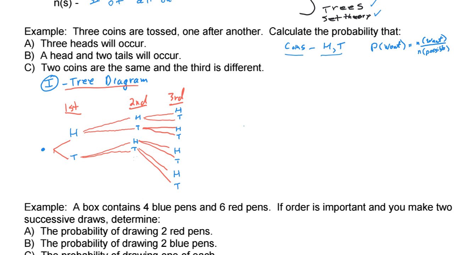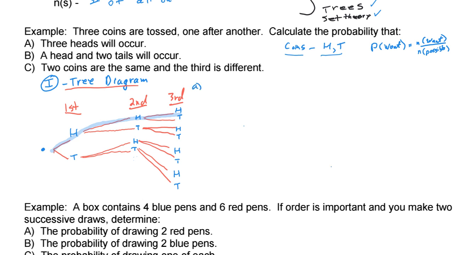Now, if you look at the final thing, we're actually calculating how many paths we follow during the tree if I want to get three heads. So we start here and we follow the path all the way across, and you'll notice that there is exactly one path for finding exactly three heads.